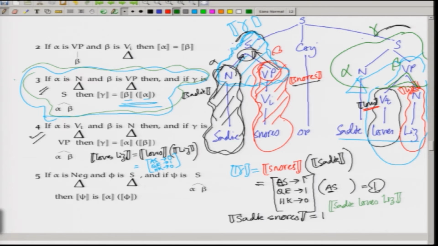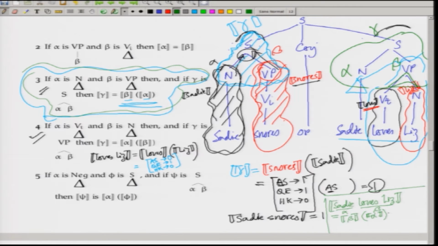Now, according to this rule, if all our conditions are fulfilled, then gamma is this entire thing, and the truth value of gamma is something we need to understand. This is alpha and this is beta, right. It will be the reference of beta, the function, applied to the reference of alpha.